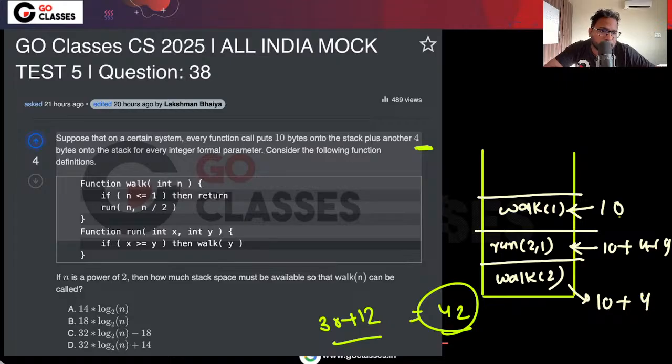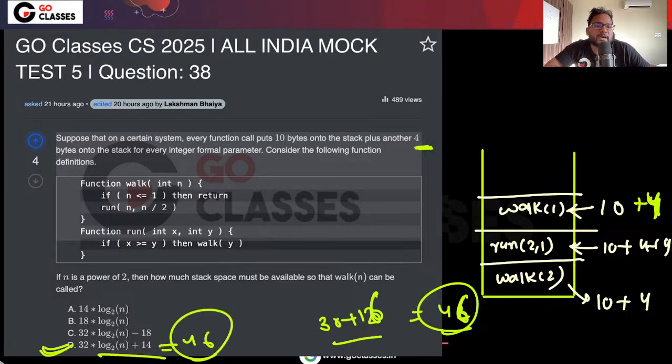Or maybe I have missed anything. Yeah, walk 1 will be called, and yes, for walk 1 there is also 4. Okay, so 30 plus 16, 46, right? For walk 1 also, there is a 4. So if you notice, 32 plus 14, 46 is coming from here only, right? So D is the correct answer.